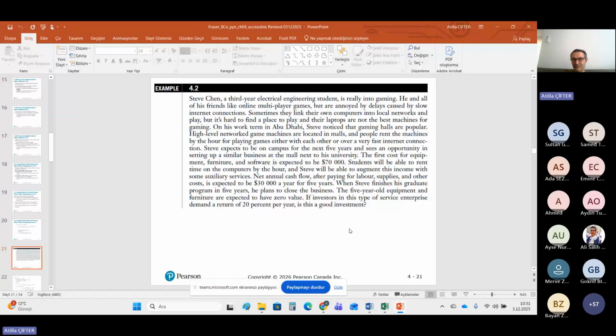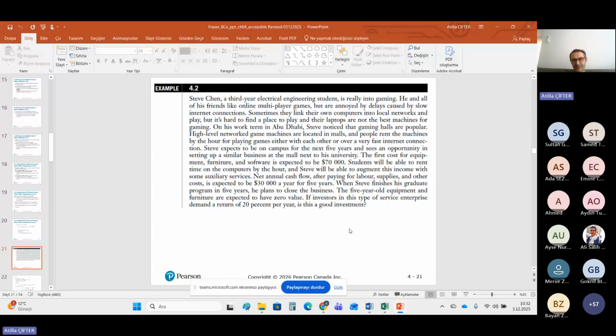Net annual cash flows after paying for labor, supplies, and other costs are expected to be $30,000 a year for 5 years. When Steve finishes his graduate program in 5 years, he plans to close the business. The 5-year-old equipment and furniture are expected to have zero value, so the salvage value is equal to zero. If investors in this type of service enterprise demand a return of 20% per year, is it a good investment?